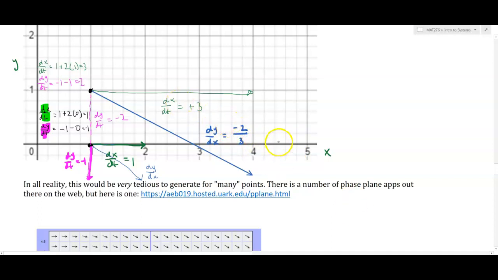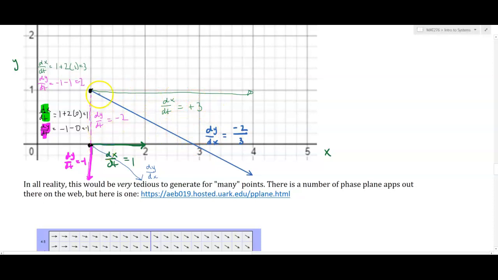So the slope of that line is -2/3. Now this is going to be very tedious because we have to generate two vectors, create the resultant vector for all of these points. And also notice that this vector here is longer than this vector here. So you can probably imagine that some of these vectors are going to start to intersect one another.